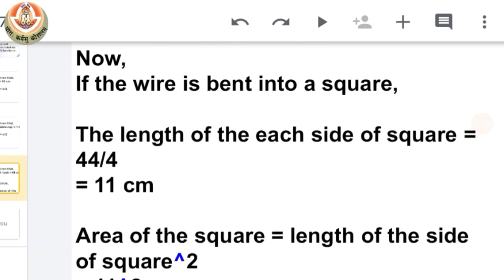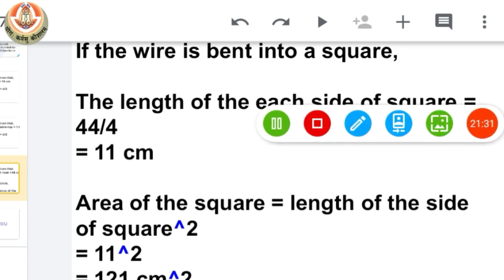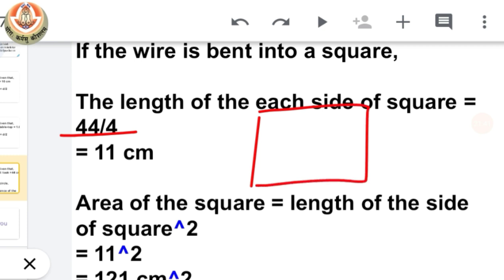Now, if the wire is bent in shape of square, so that means the perimeter of a square is also 44 centimeter. So the length of its each side can easily be found out by just dividing 44 with 4. Why? Because we all know that all the 4 sides of a square are of equal length.